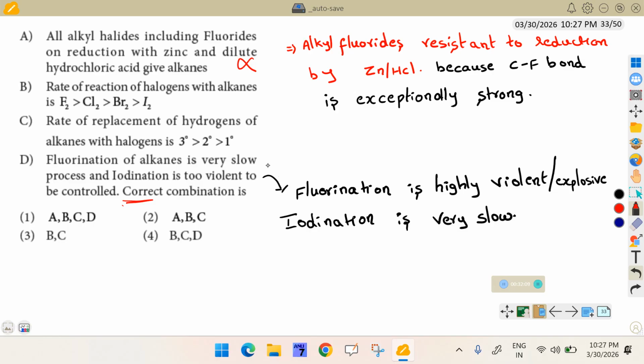Statement A is wrong. Rate of reaction of halogens with alkanes: fluorine greater than chlorine greater than bromine greater than iodine. Correct. Rate of replacement of hydrogen of alkanes with halogen: 3 degree greater than 2 degree greater than 1 degree. Correct. Fluorination of alkane is very slow. No, fluorination of alkane is very fast. Wrong. Only B and C are correct statements.